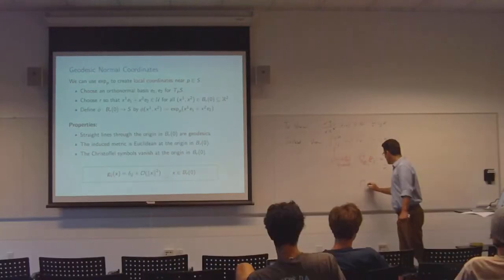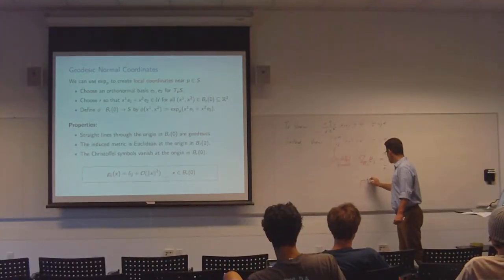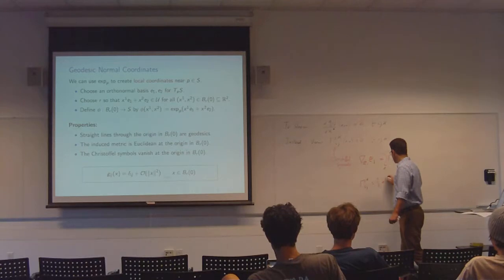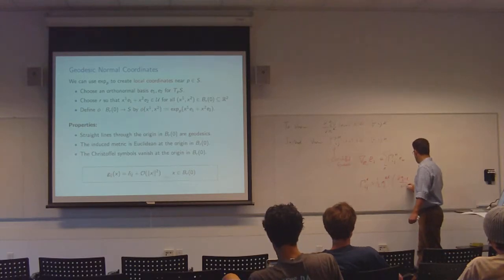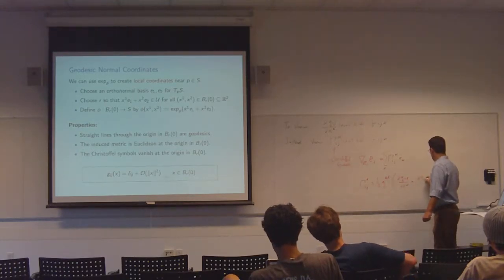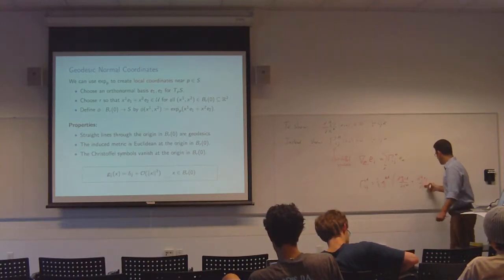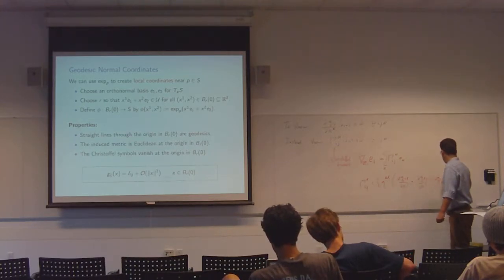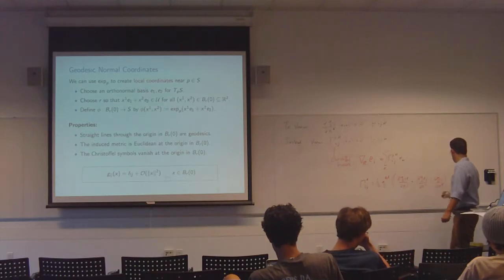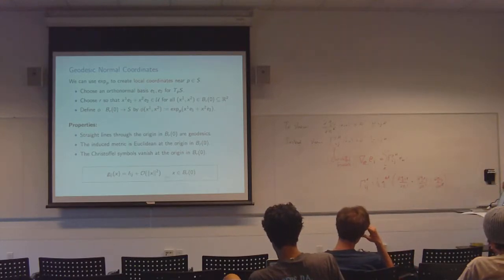So remember that gamma_ij upper k is equal to 1/2 g^{kl}, and this is a nice formula to remember, times dg_il/dx^j plus dg_lj/dx^i, and finally minus dg_ij/dx^l. So there's a relationship between the two, which is this fundamental theorem of Riemannian geometry.